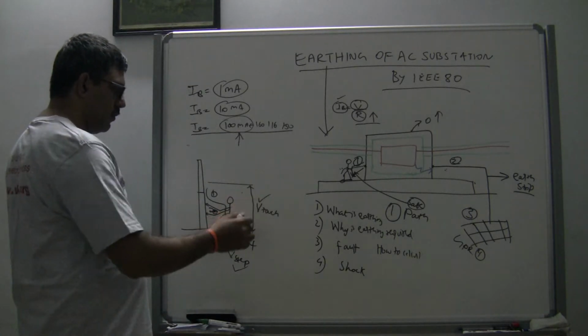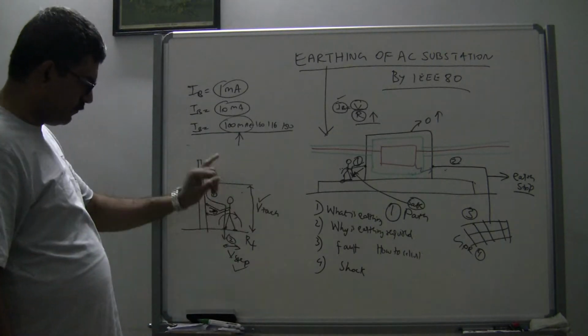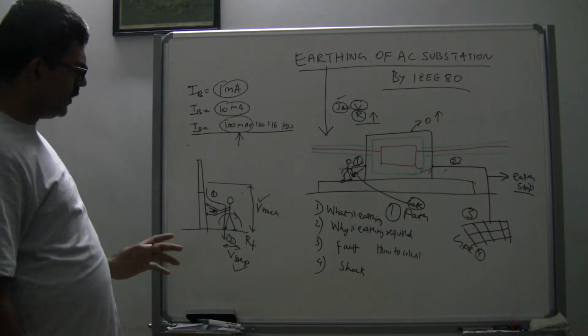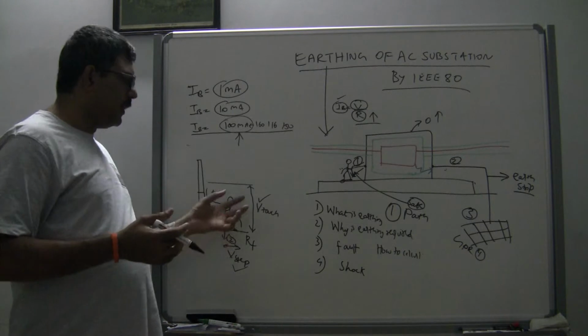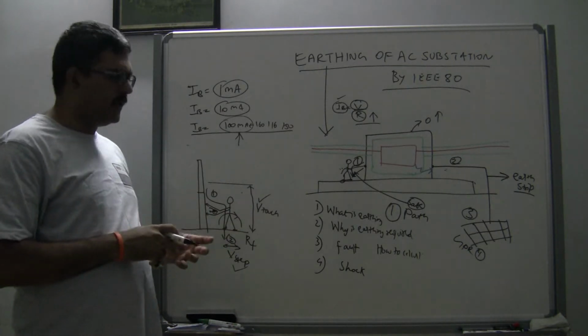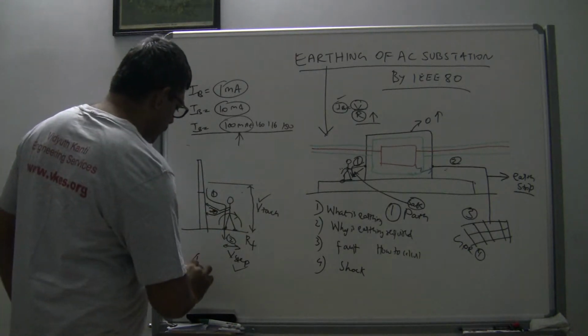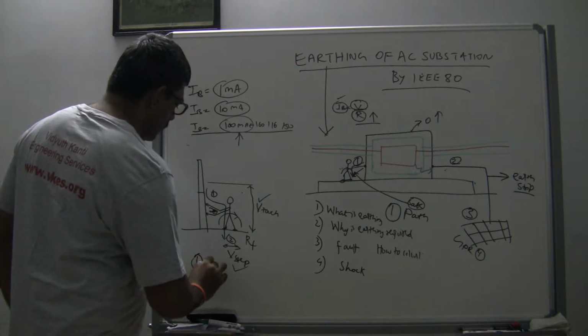So basically what we have to do is determine the step and touch voltage a person can tolerate. First, we have to determine the tolerable limits.